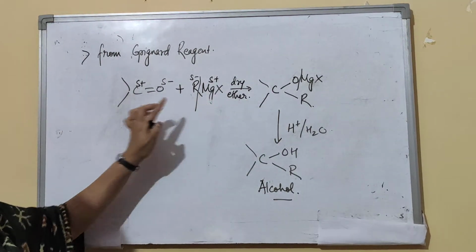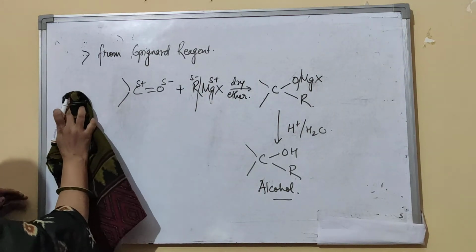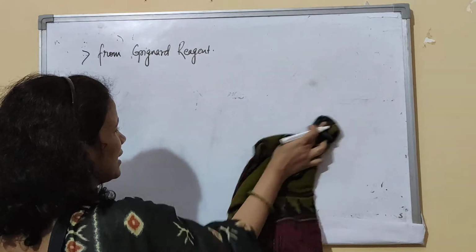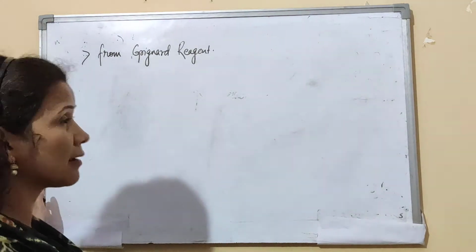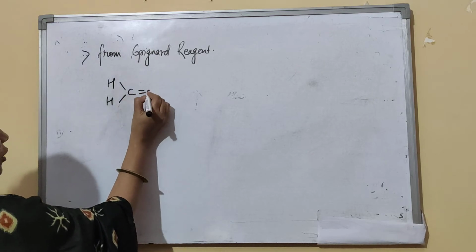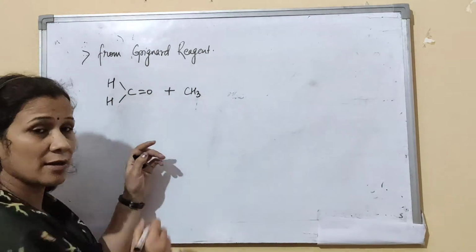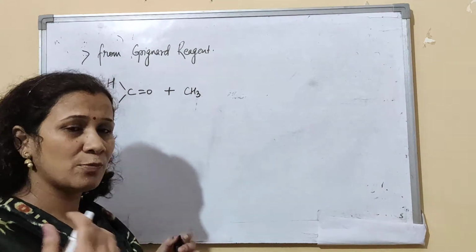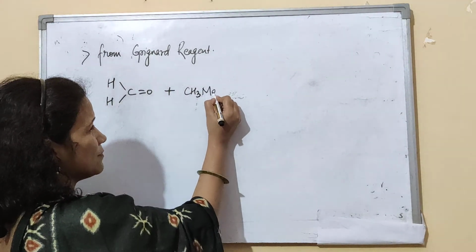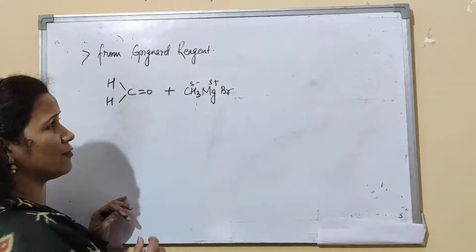We will choose this and we will choose an appropriate carbonyl group. First, let's use formaldehyde. I want to see which alcohol we are getting. Instead of RMgBr, we will write CH3MgBr, any alkyl group, any bromide group. So delta plus and delta negative.